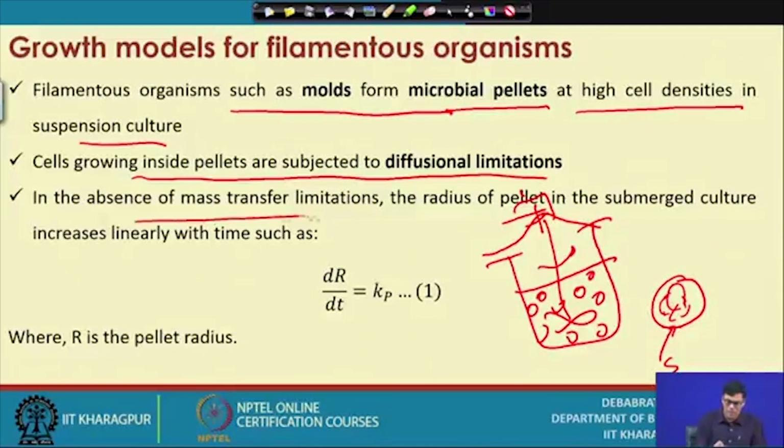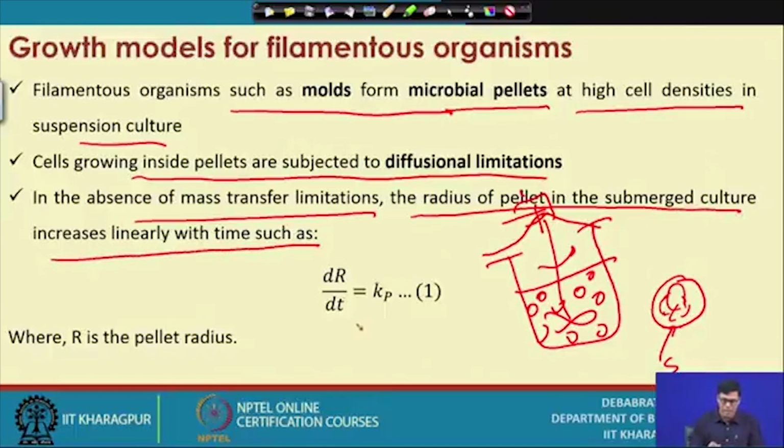In the absence of mass transfer limitation, the radius of the pellet in submerged culture increases linearly with time, as dr by dt equals a constant, kp, where r is considered as the radius of the pellet.